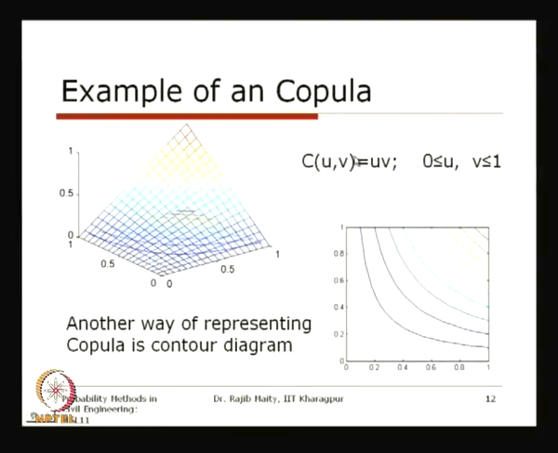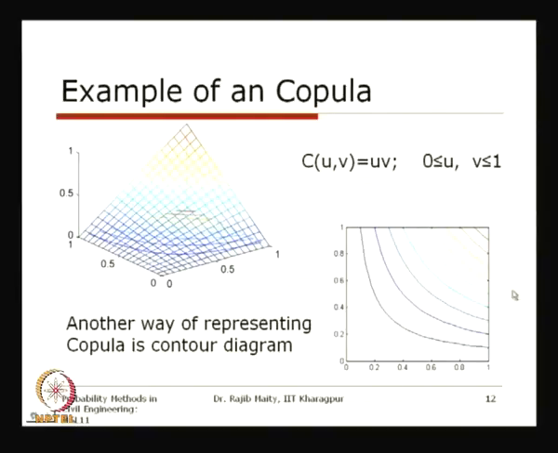So this is a copula function satisfying its required properties, and the function looks like this surface that you can see here. Another way of representing the copula is the contour diagram, shown like this, where you can see the different contours with a color bar.